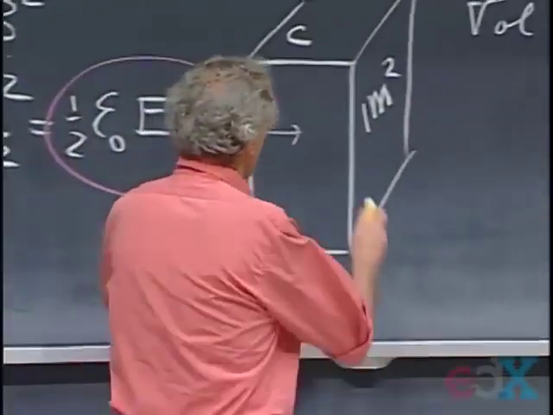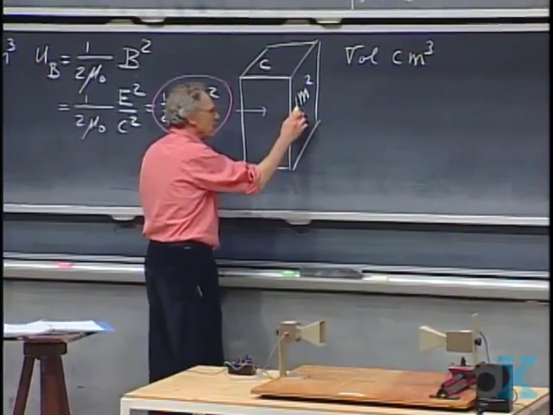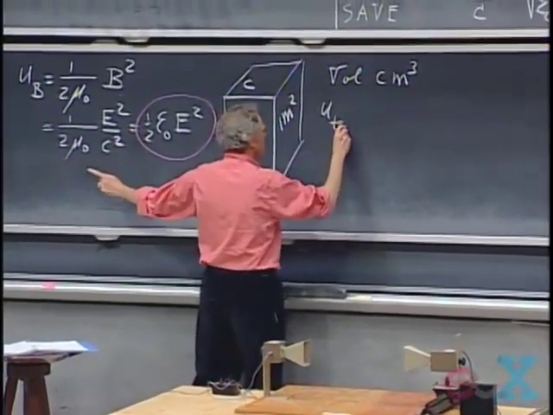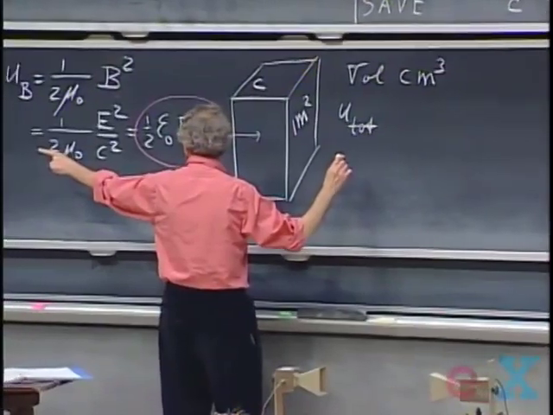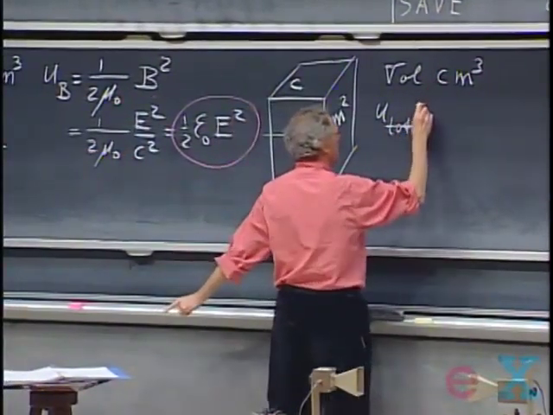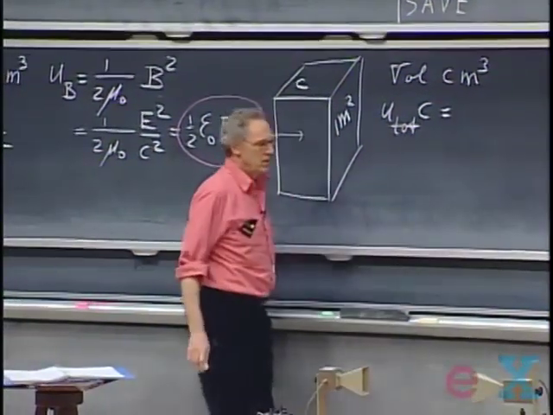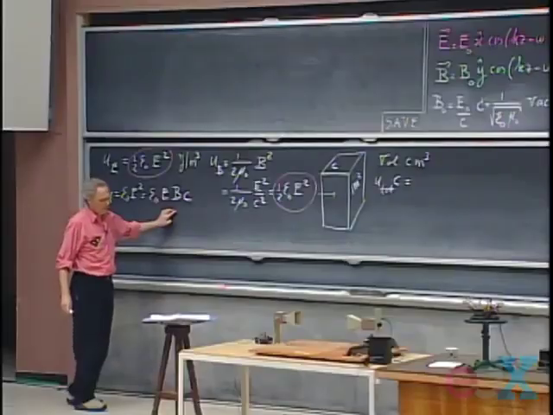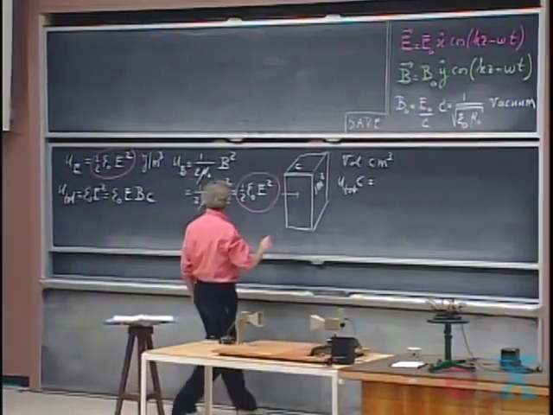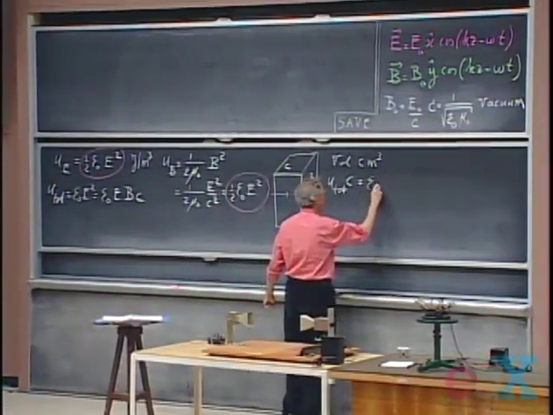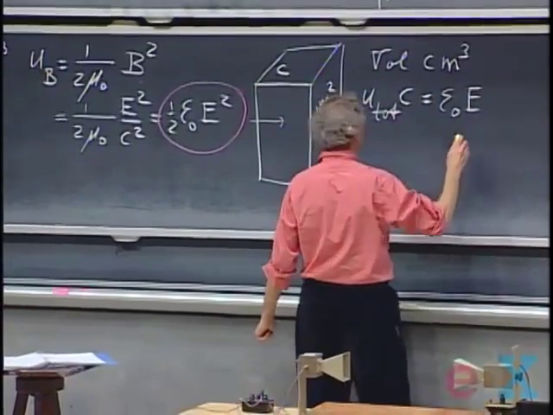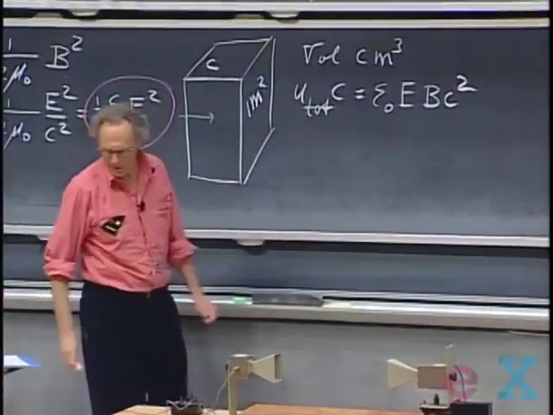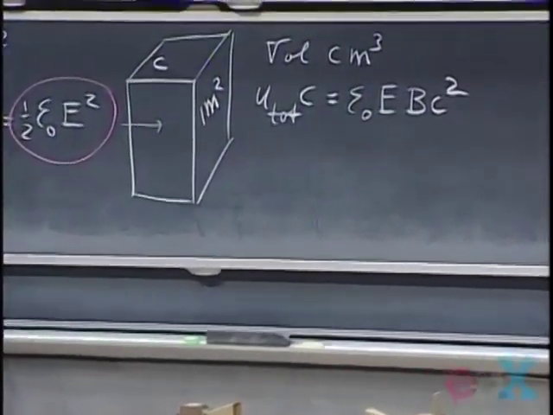And so therefore, the energy that comes out here per square meter per second is that U total that I have, which is the amount of energy for every cubic meter, but I have so many cubic meters. And so I can use this result now here, and I can substitute that here, so I get epsilon 0 times E times B times c squared. I have to multiply it by this c here.